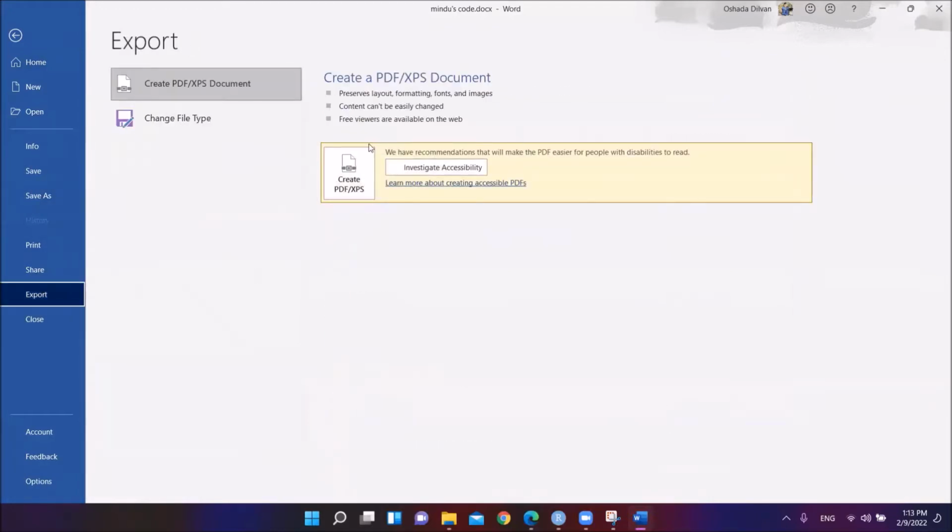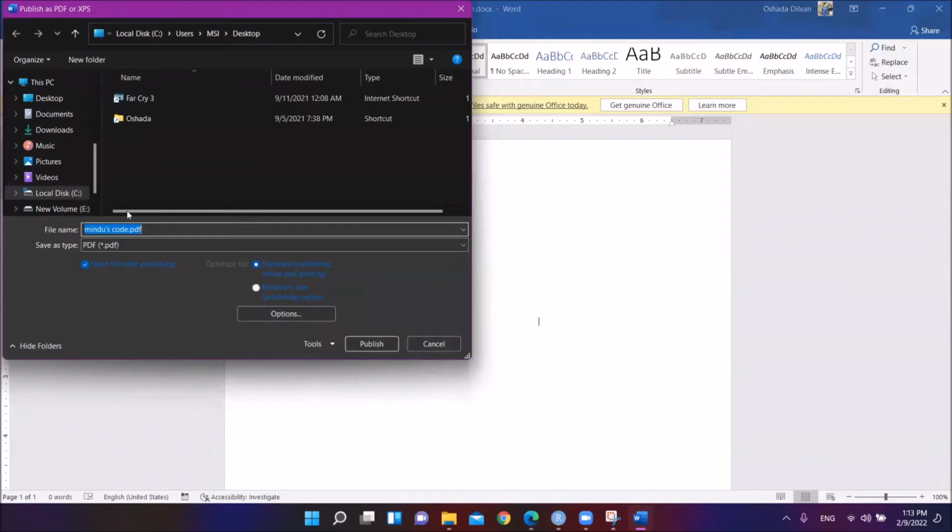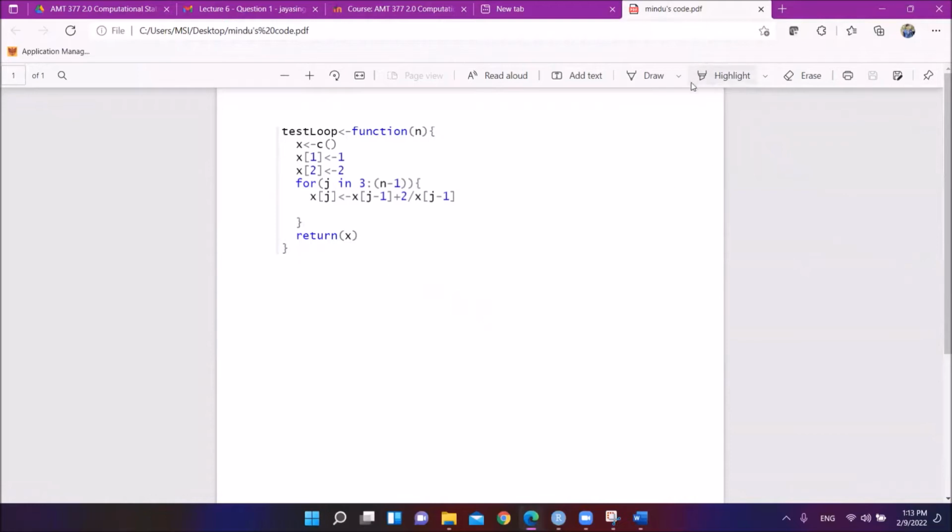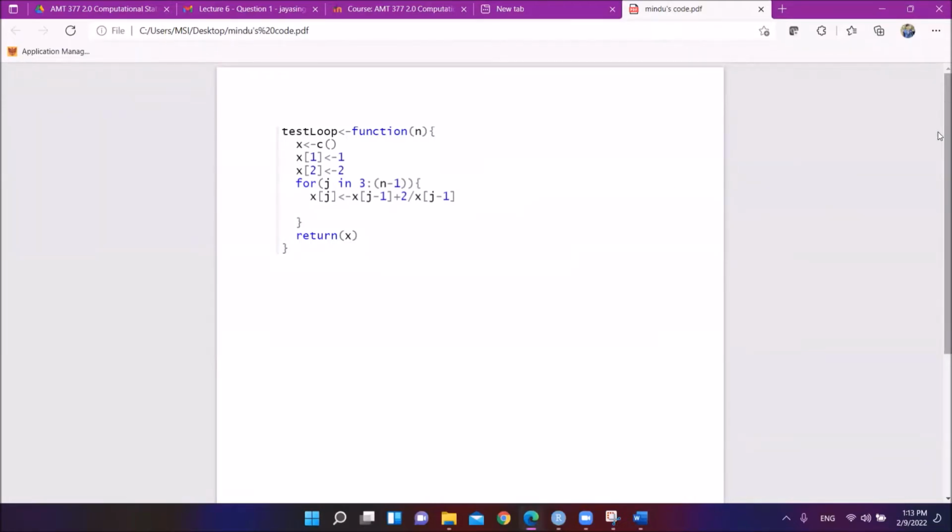Export. Okay, so I'm going to doodle on this. Thank you, Mindu, for sending me the code, so that everybody, including me, could learn something new out of yours.